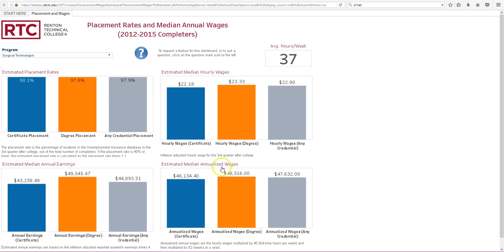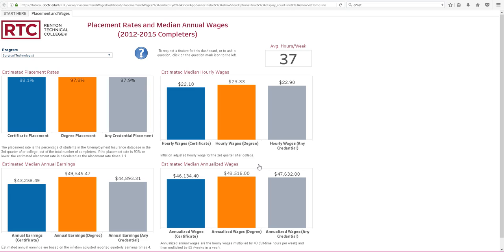And then the median annualized wages are the hourly wages multiplied by 2,080 hours, which would be full-time, 40 hours a week, by 52 weeks. So that's what their annual salary would be if you're assuming the person is working a typical 40-hour full-time schedule.